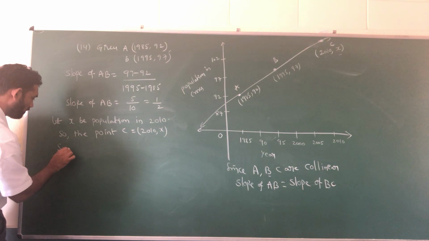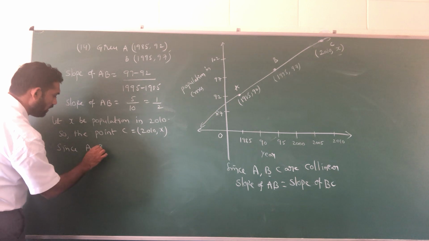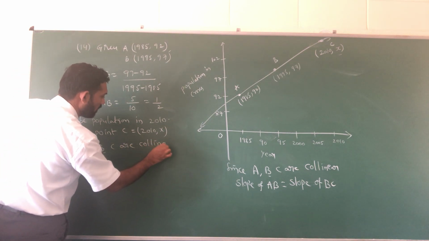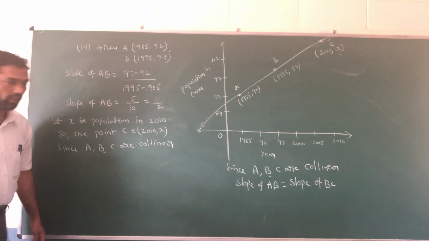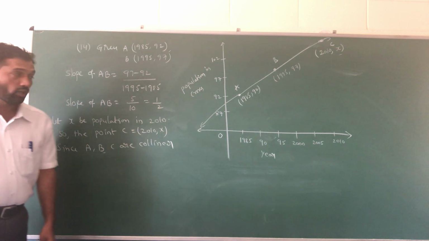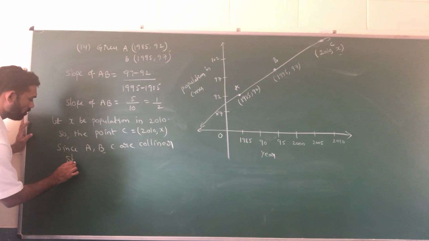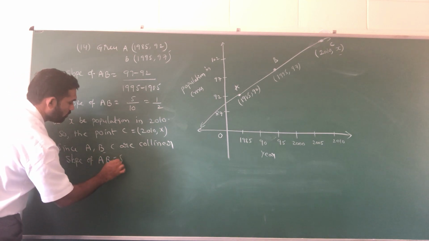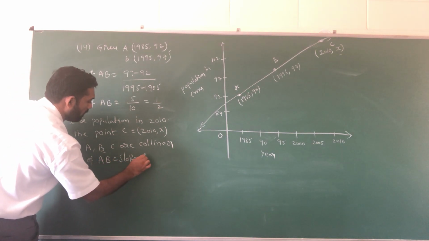Therefore, since A, B, C are collinear, what is the collinear condition? Slope of AB is equal to slope of BC.